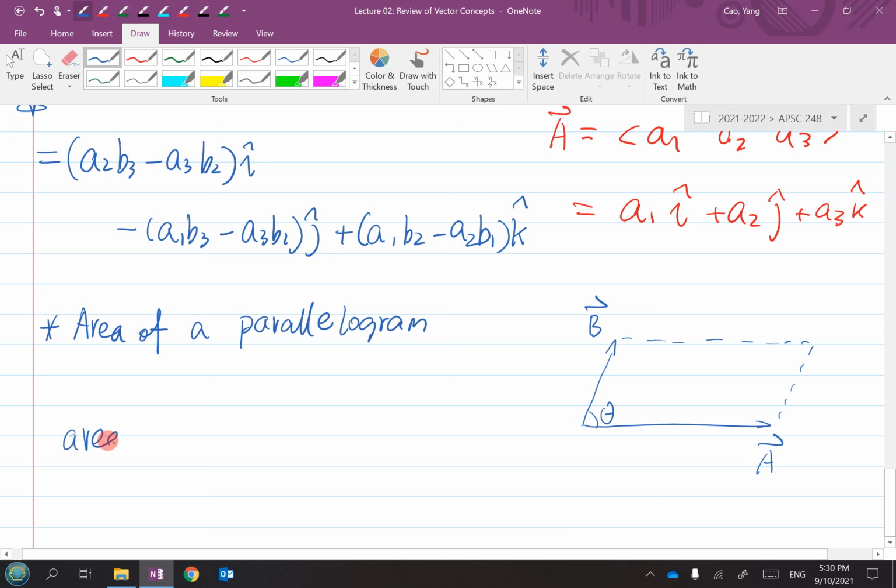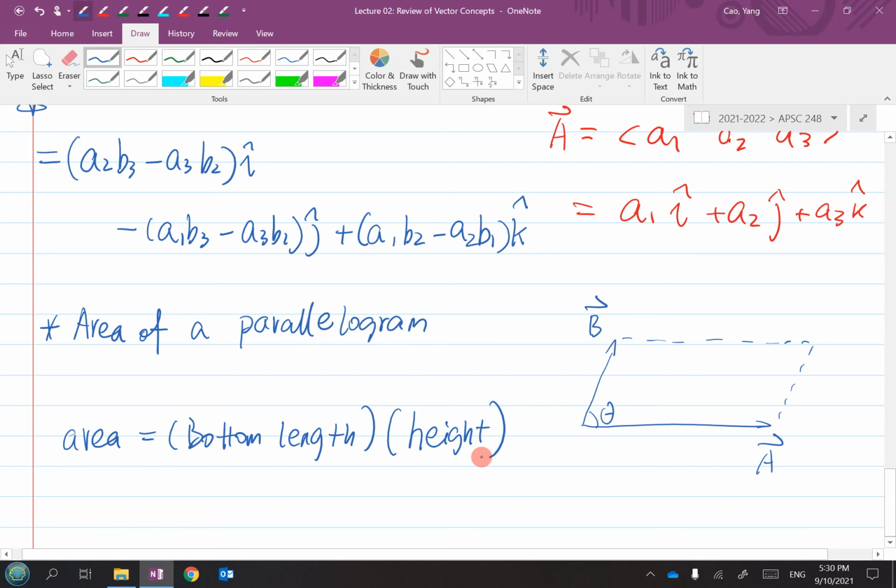But we start from the very basic formula for the area of a parallelogram. That is, you use the bottom length of the parallelogram, then multiply by its height. That will give you the area. From here, we dive into detail. How do I find the bottom length?